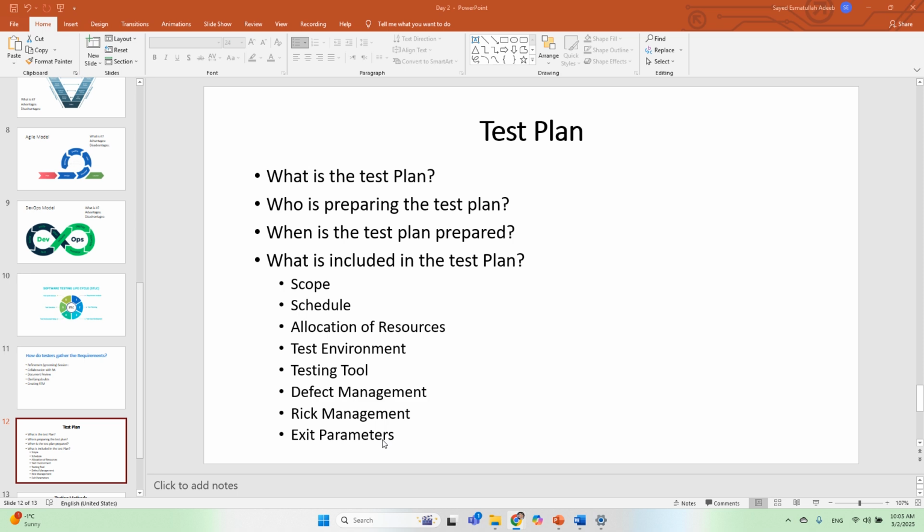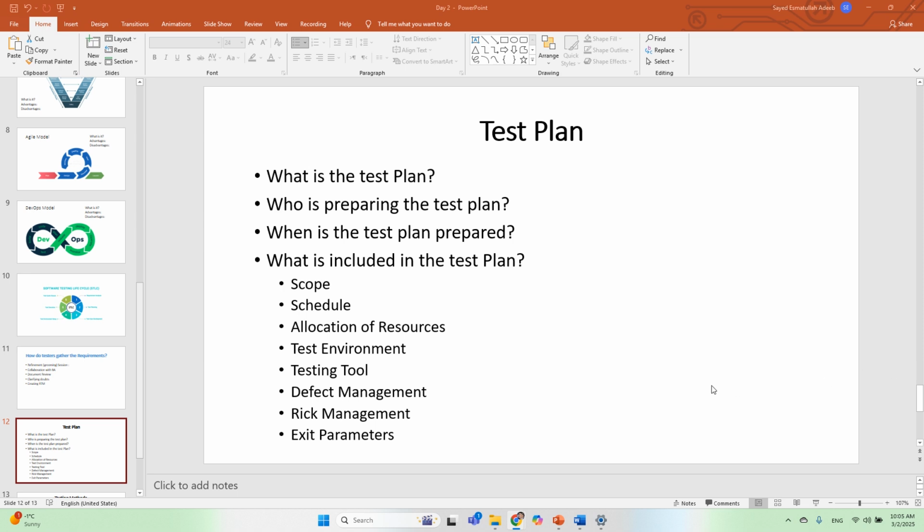The last item included in the test plan is called exit parameters. Exit parameters provide information on the mandatory termination of testing, how the testing outcomes should be achieved through the test procedures, and when to stop testing.